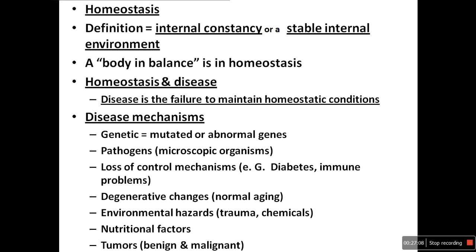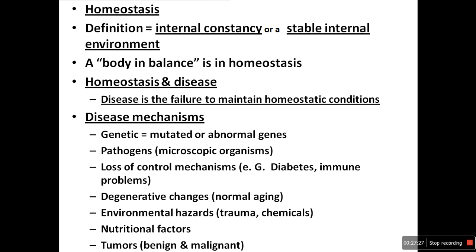Degenerative changes, like normal aging. While aging, this is a cause of disease. Getting older makes you more susceptible to diseases.